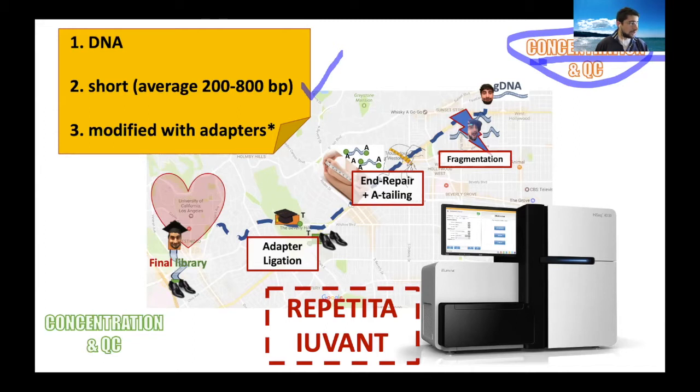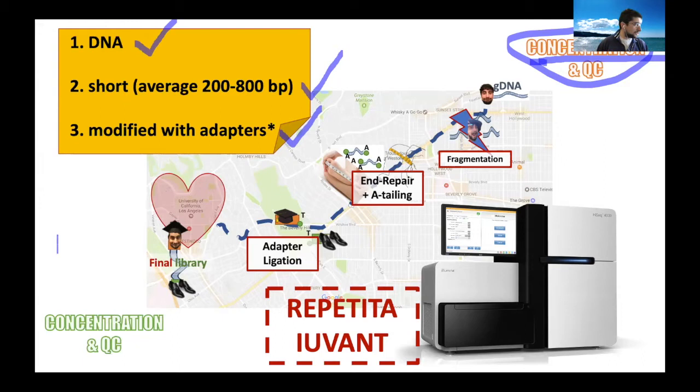After end repair and A-tailing, we can perform adapter ligation. And now we have satisfied all the criteria for sequencing, and we have our final library. I just want to point out a little difference: after we perform adapter ligation, that's the final library.